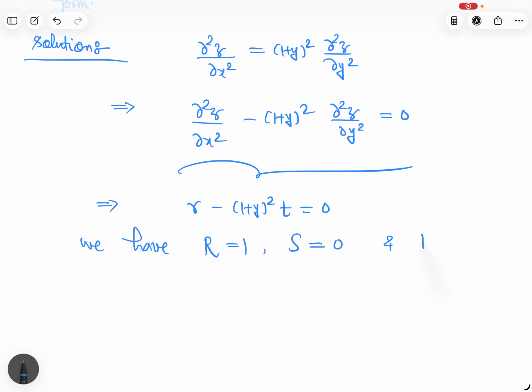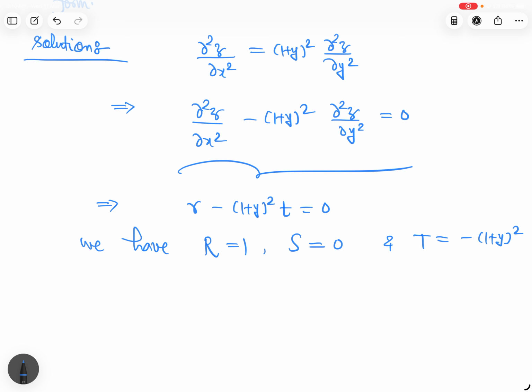And what is T? T is minus 1 plus y square.